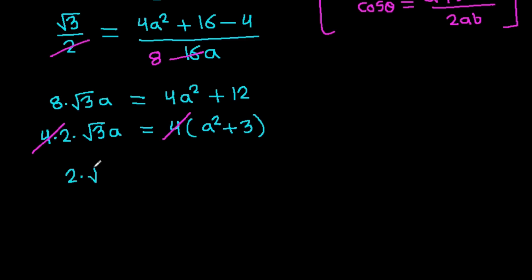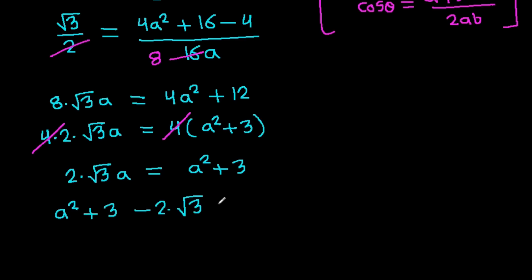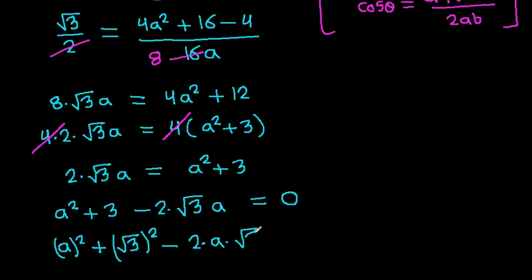So 2 times square root of 3 a is a square plus 3, and a square plus 3 minus 2 times square root of 3 a will be 0, and it is a square plus (square root of 3) square minus 2 times a times square root of 3 is 0.